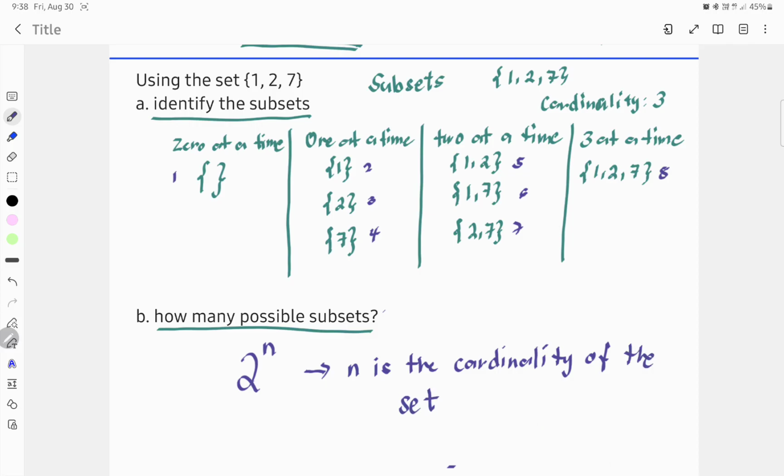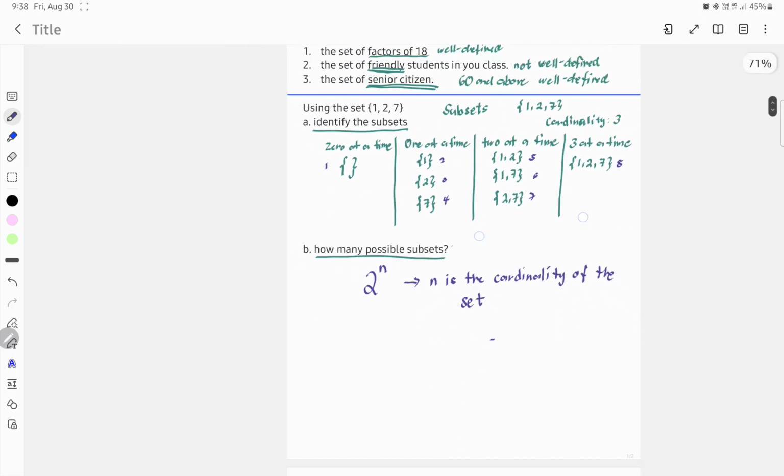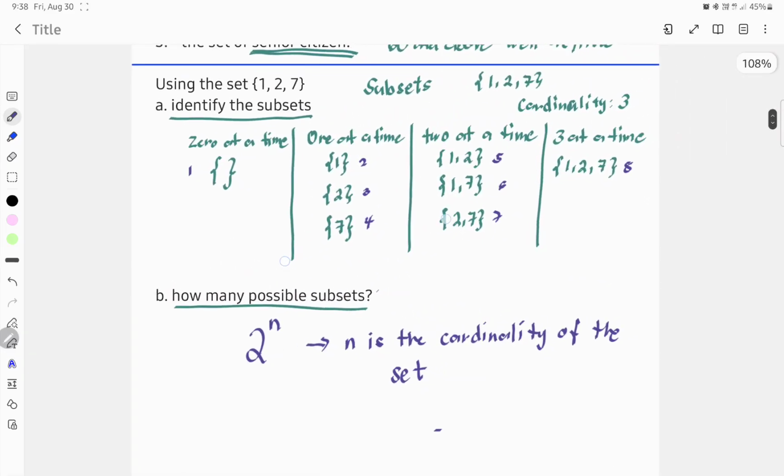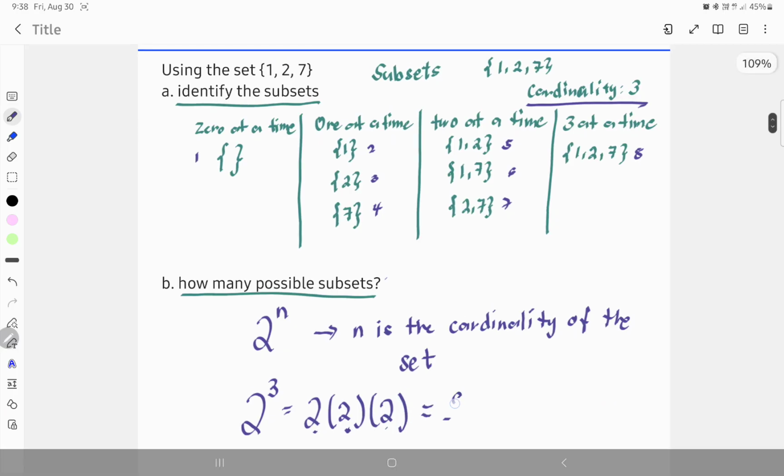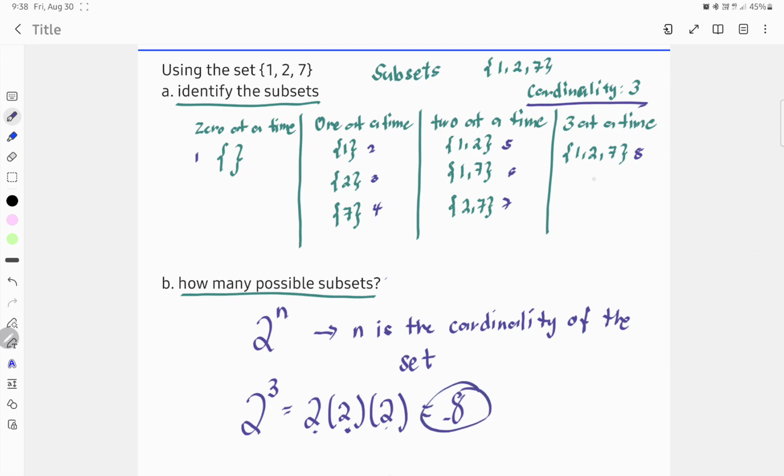Using the problem, we have a set 1, 2, 7, and the cardinality is 3. So we have 2 raised to 3, which means 2 times 2 times 2 when we expand. 2 times 2 is 4, times 2 is 8, which is the same as our answer when we counted. So the formula for the possible number of subsets is 2 raised to n.